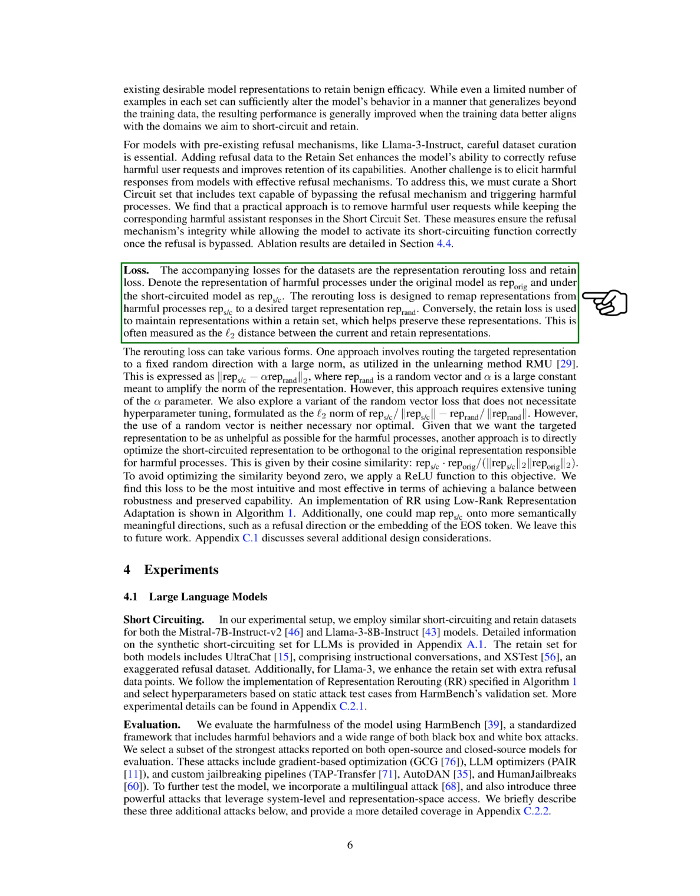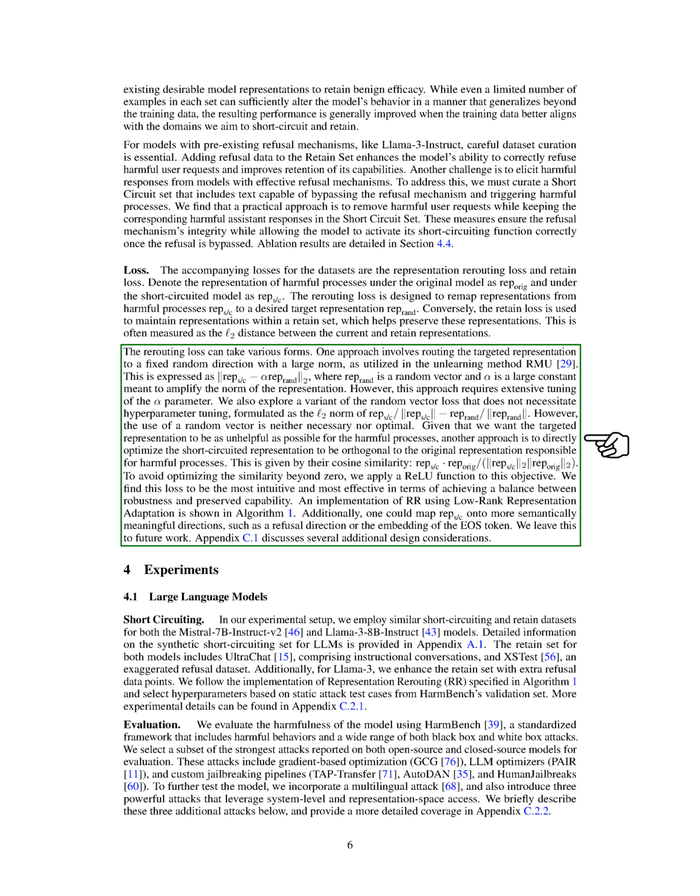The losses for the datasets are the representation rerouting loss and retain loss. The representation rerouting loss aims to remap representations from harmful processes to a desired target representation, while the retain loss maintains representations within a retain set. Different forms of the rerouting loss can be used, such as routing the targeted representation to a random direction or optimizing the short-circuited representation to be orthogonal to the original harmful representation.